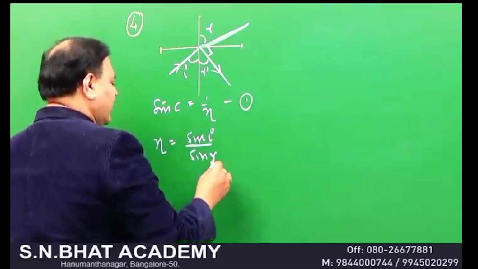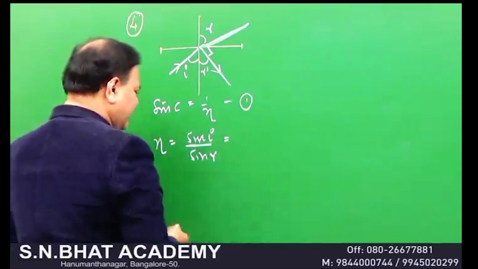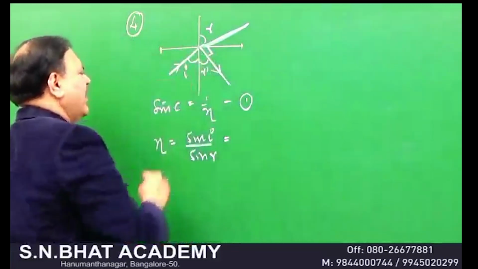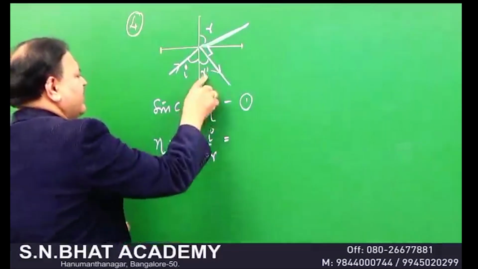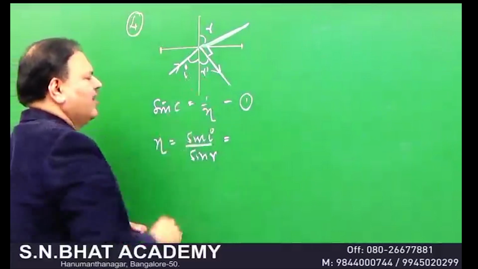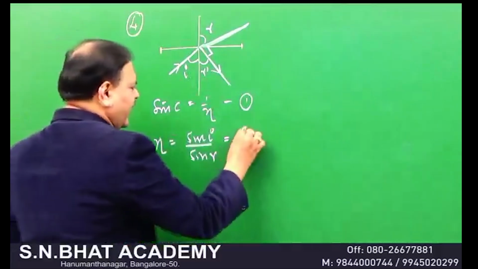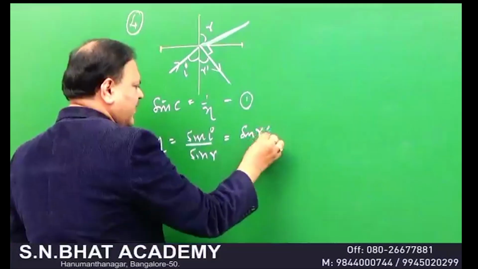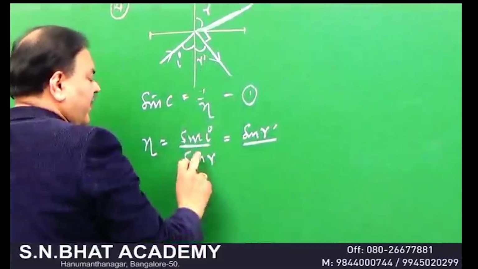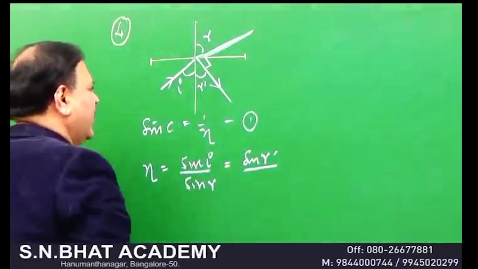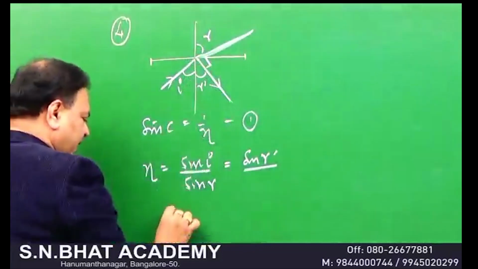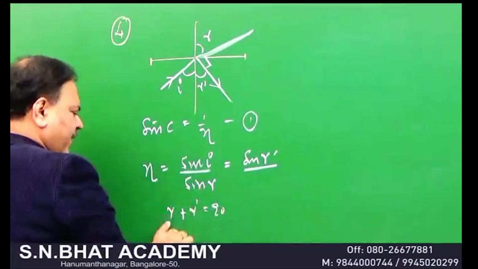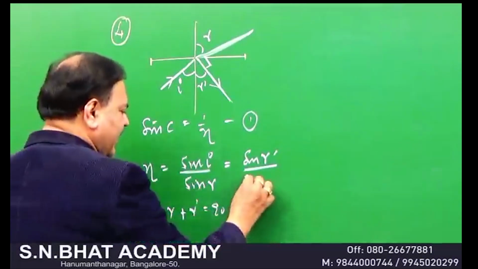Your R is this value, R dash is this value. Always your R dash is equal to I, so I can write it as R dash. You know that R plus R dash is equal to 90 degrees. Therefore, your R is equal to 90 minus R dash.